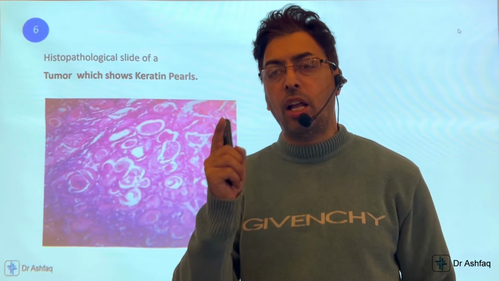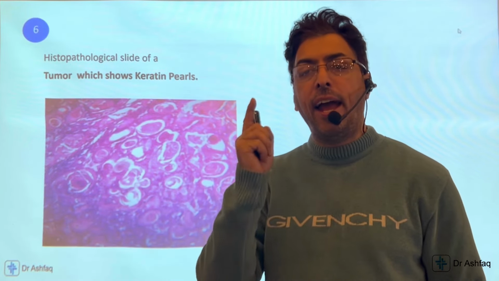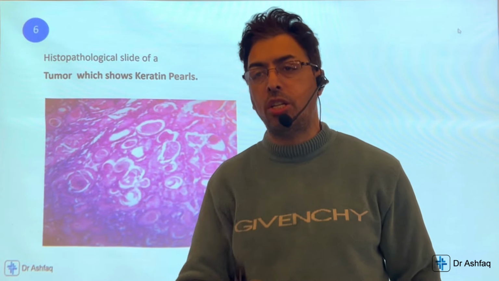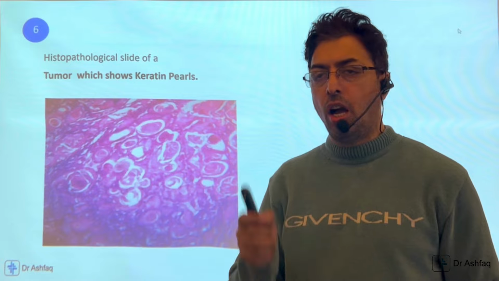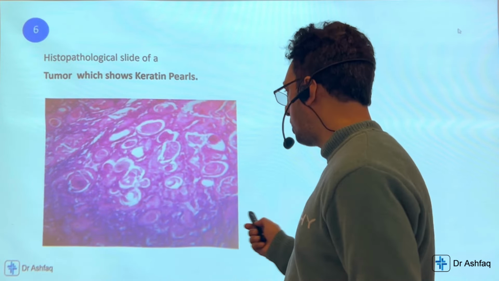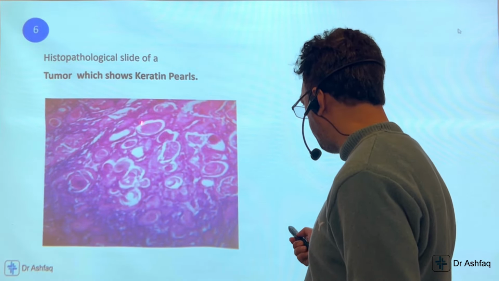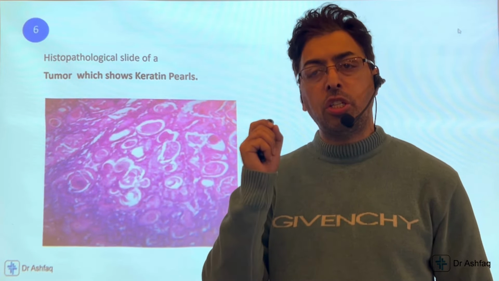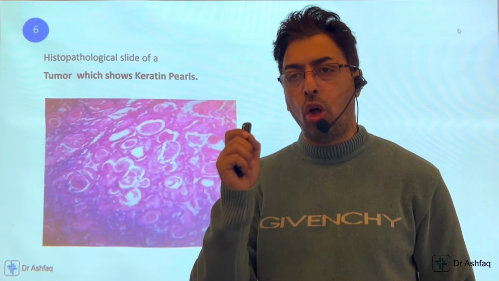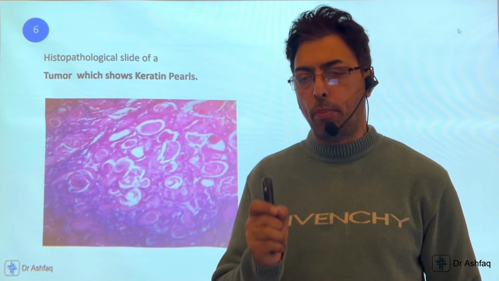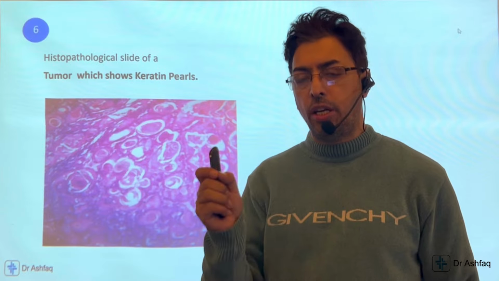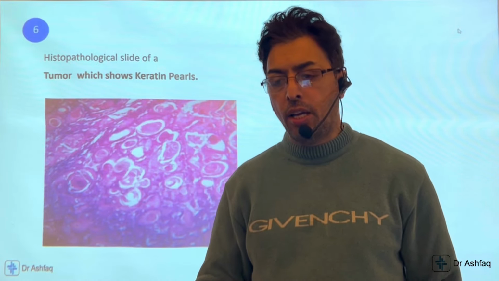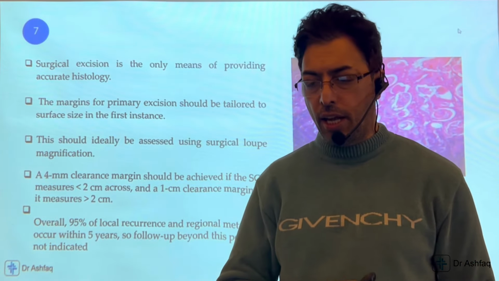Basal cell carcinomas are macroscopically associated with pearly margins, but as far as the pathology is concerned, keratin pearls are a feature of squamous cell carcinoma, not basal cell carcinoma. This was put up as a question along with a brief description in the recent FMGE examinations. So this is my slide showing the squamous cell carcinoma along with keratin pearls.